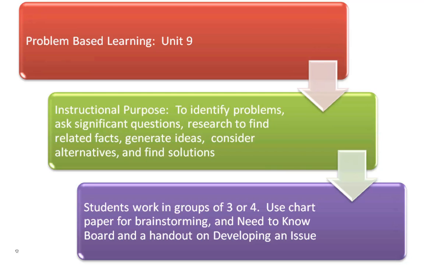And that's, of course, what we're talking about. We want students to be able to use, and the creative problem-solving model allows students then to achieve this type of a purpose. Again, students worked in small groups initially using chart paper or whiteboards and their need-to-know board and a handout, which I'll show you, on developing an issue.